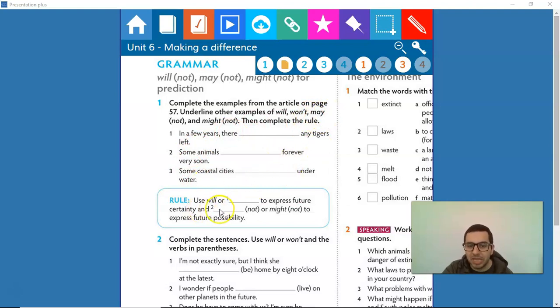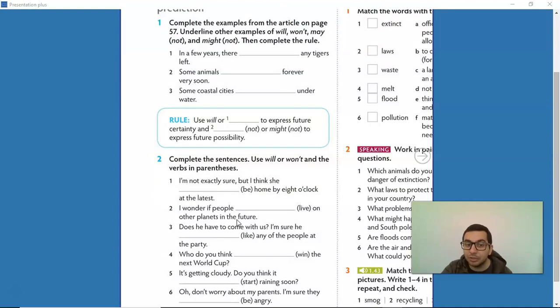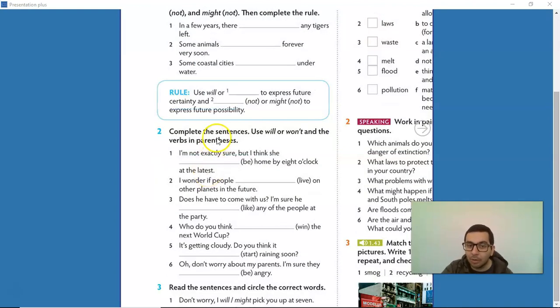So, we use may and may not, or might not, to express future possibility. Okay? Don't worry, we're going to see some examples in activity 2. I want you to complete these sentences with will or won't with the verbs. Okay? Remember, will or won't express future certainty. Pause the video and do the activity.